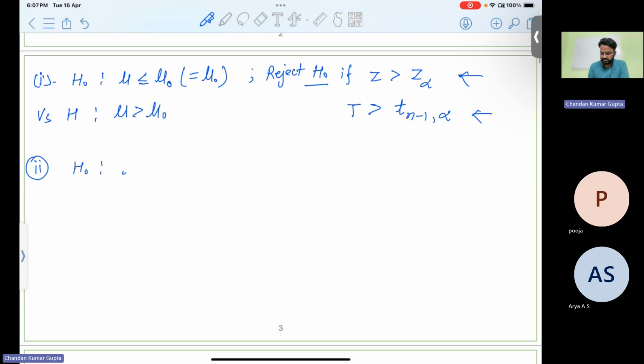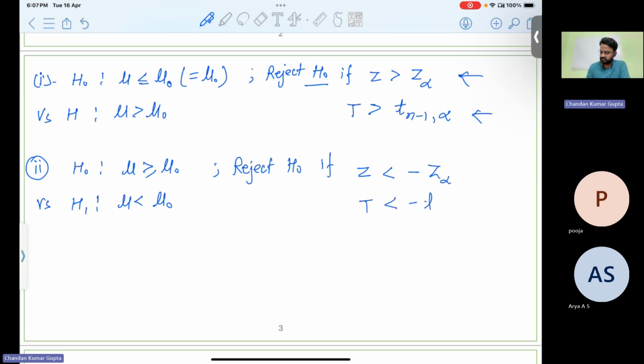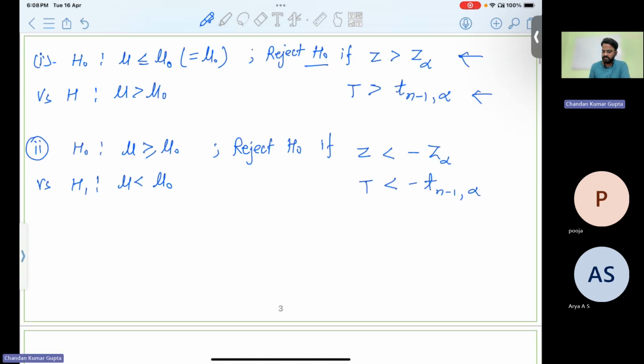H naught, such that mu is greater than or equal to mu naught, again with equality included, versus H1 such that mu is less than mu naught. In this case also, reject H naught if Z is less than minus Z alpha and T is less than minus T n minus 1 alpha.